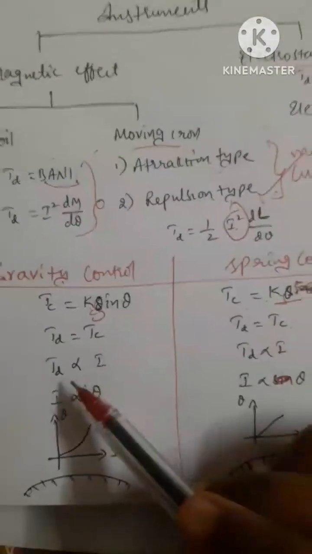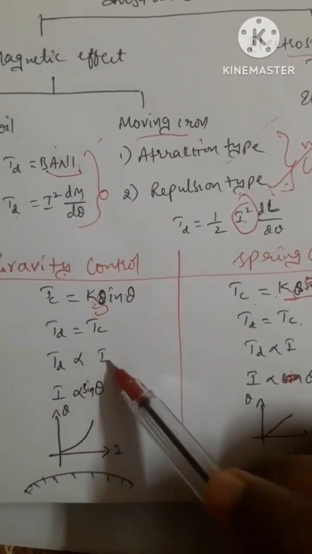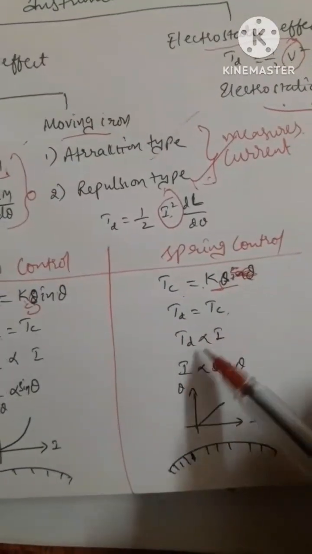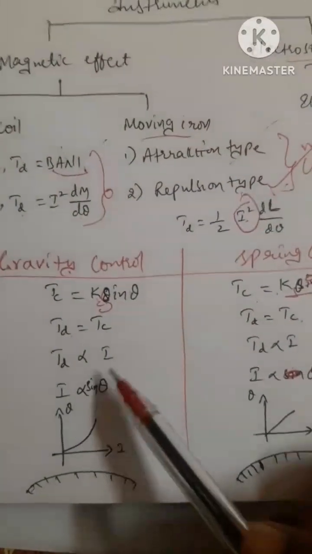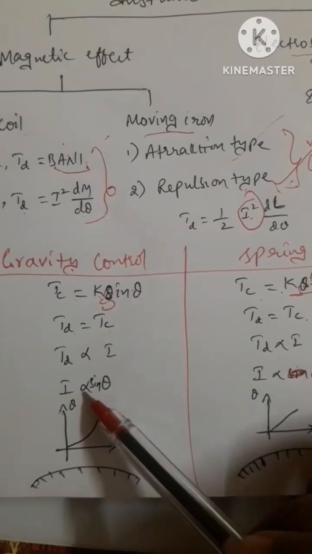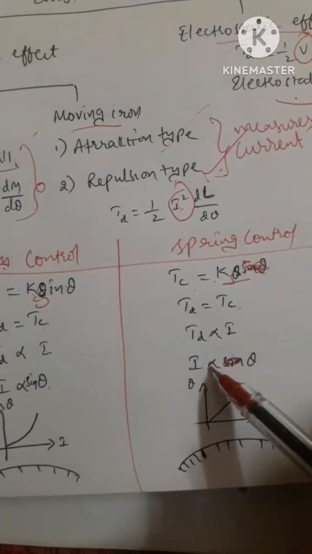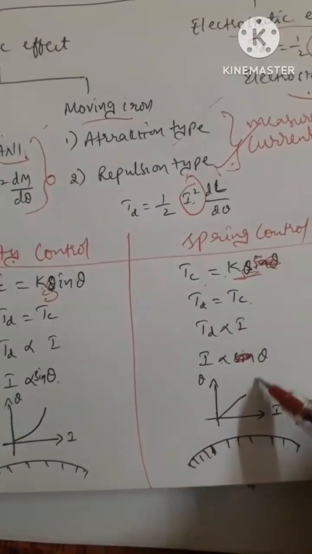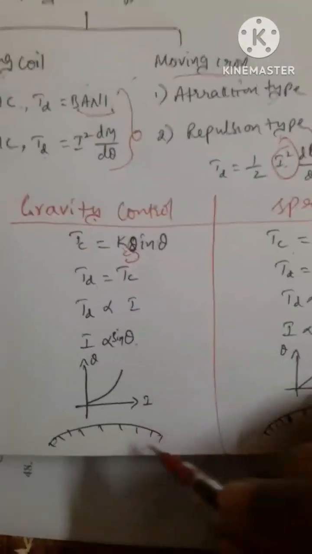In both, deflecting torque is directly proportional to current. In gravity control, current is directly proportional to sin theta, while in spring control, current is directly proportional to theta.